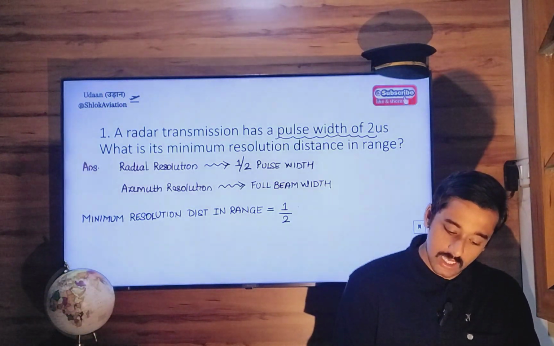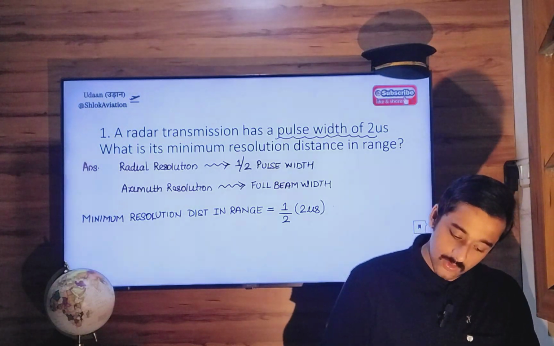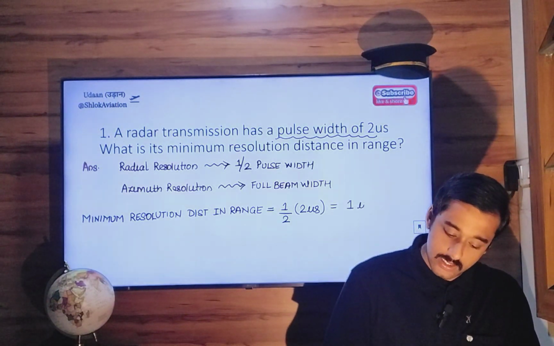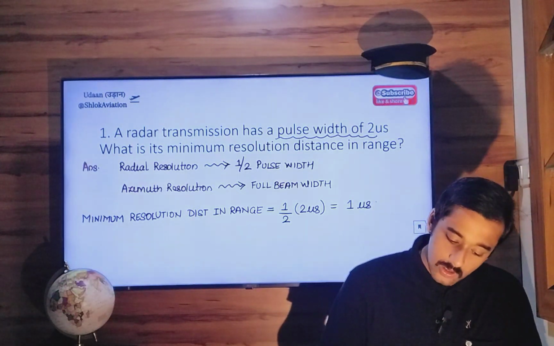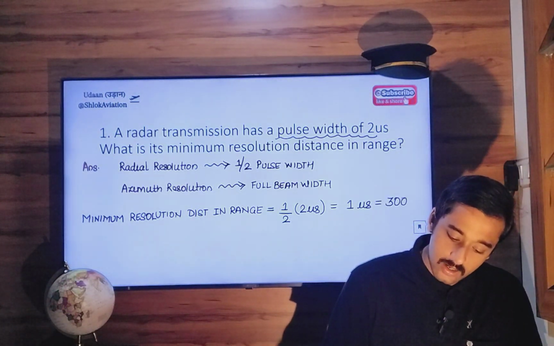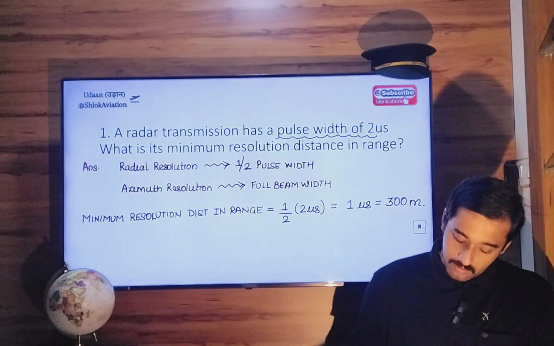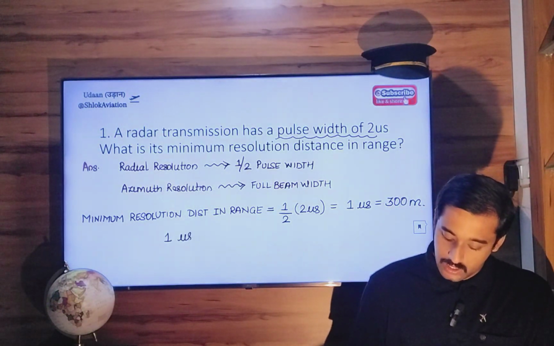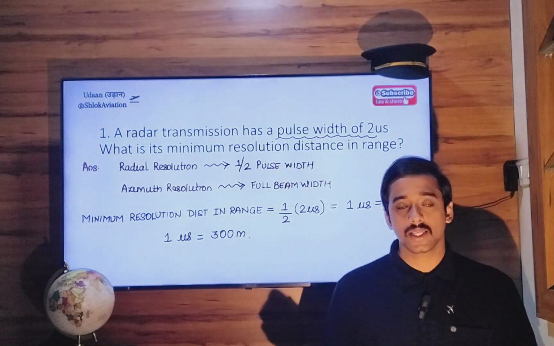What is the pulse width given to us? 2 microseconds. So half of 2 microseconds is 1 microsecond. Now 1 microsecond in terms of distance is equal to 300 meters. Remember this, 1 microsecond equals 300 meters. So you will select the option that has 300 meters.